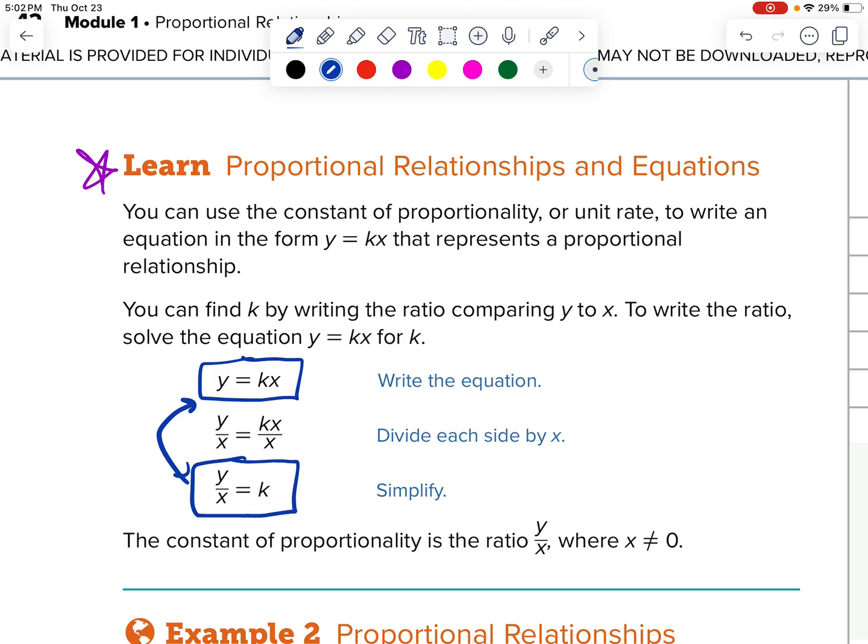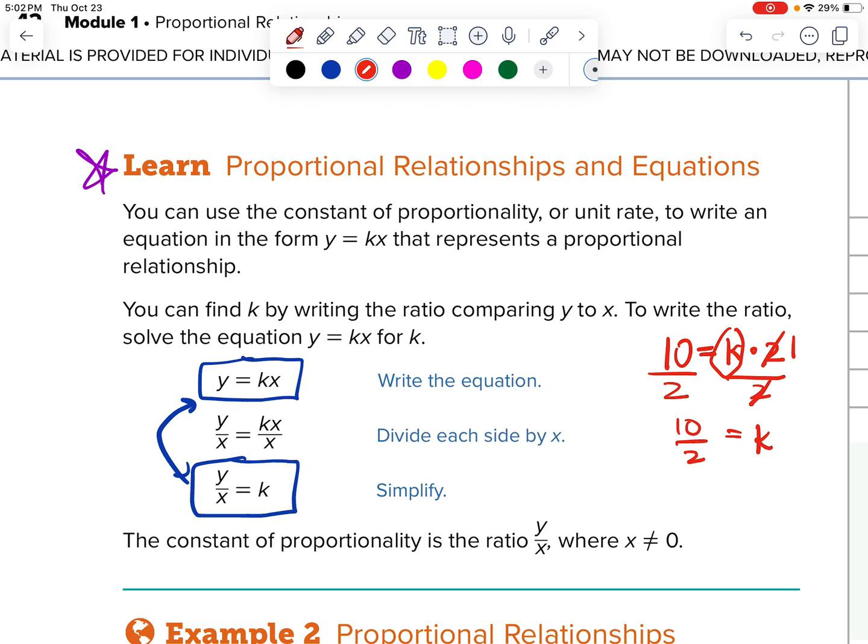If I were to give you a problem like 10 equals k times 2, think about how I would solve that. If I'm solving for k in a normal equation, I would just divide by 2, divide by 2. 2 divided by 2 would be 1. And so I would have k equals 10 over 2.